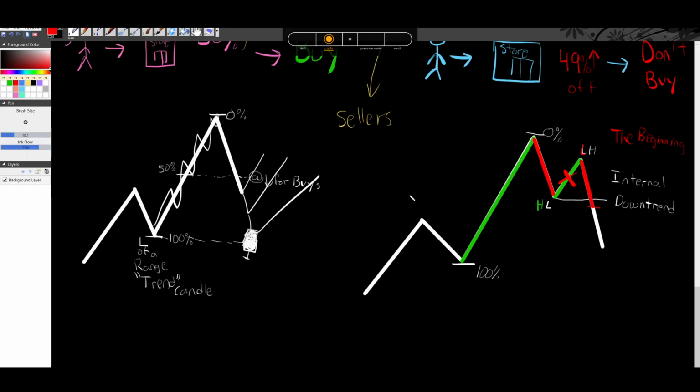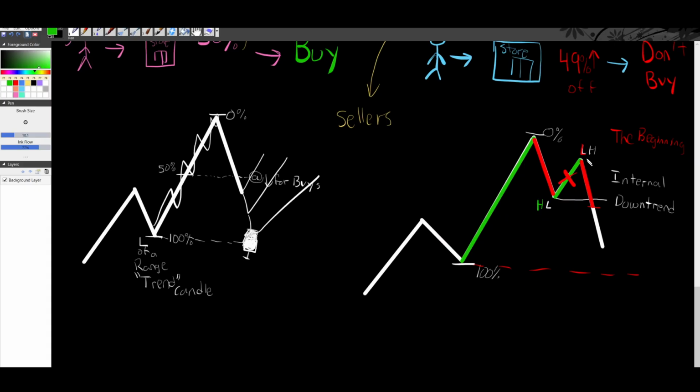But the reality is that buyers are still in the market until this level gets taken out, because this price could just be downtrending to ultimately turn the market around in some sort of way. Who knows? So the only thing that takes buyers out of the market is still the same thing: a close below 100%.